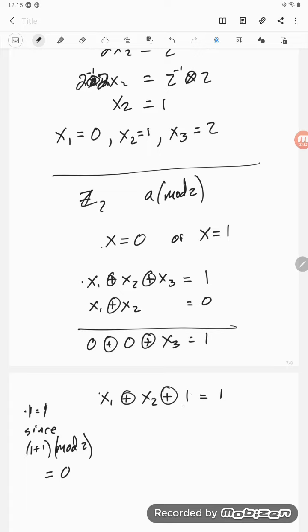And so I'll add 1 to both sides, and I'll get x1 plus x2 is equal to 0. And so what that means is that x1 is equal to the additive inverse of x2. x2 is arbitrary.